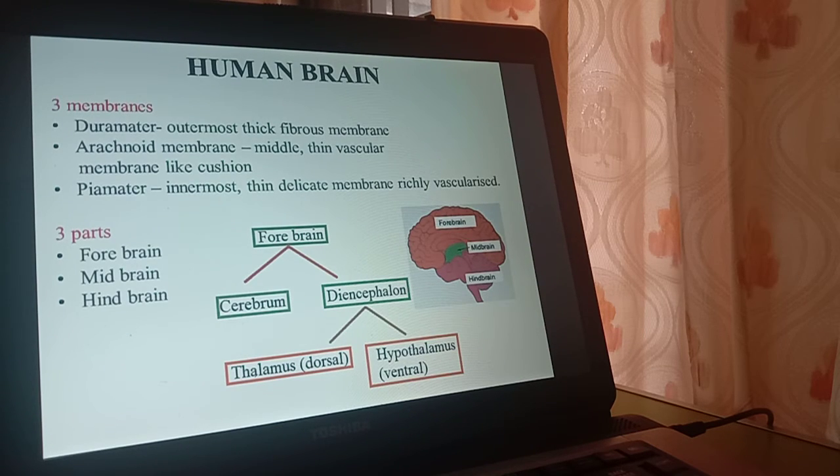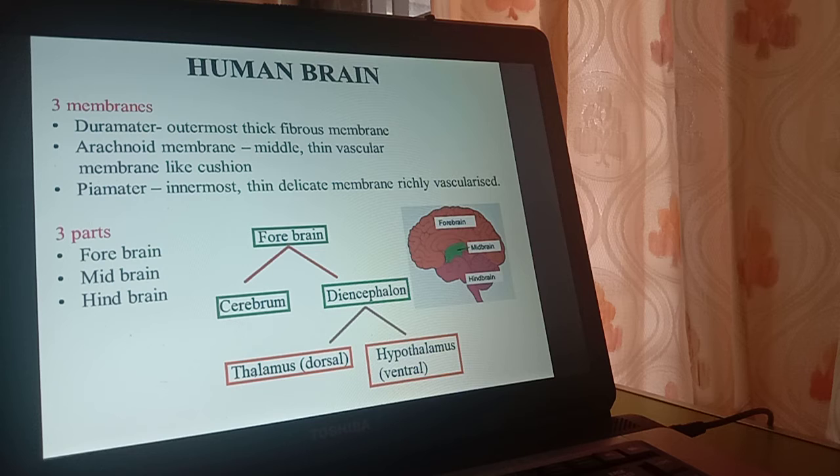Yes, next we will come to the organ of the central nervous system, that is the human brain. The human brain, not much, because you are aware of it, I'm not going into all that, I'm directly getting into the structure. It has three membranes. The dura mater, which is the outermost thick fibrous membrane.